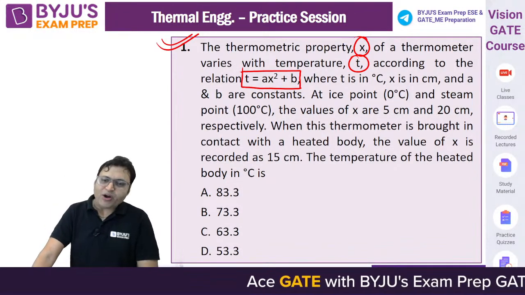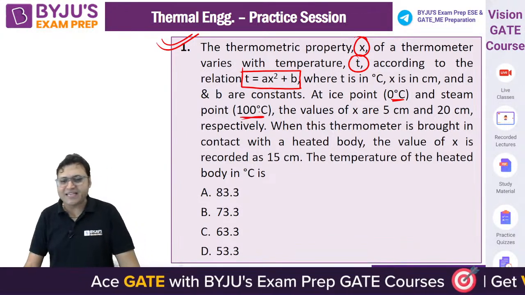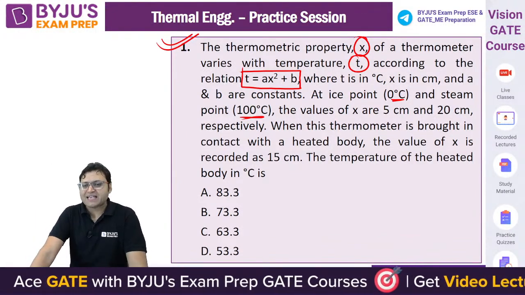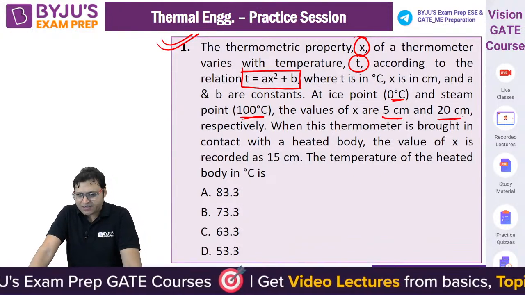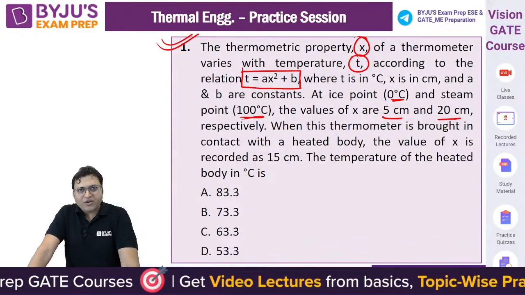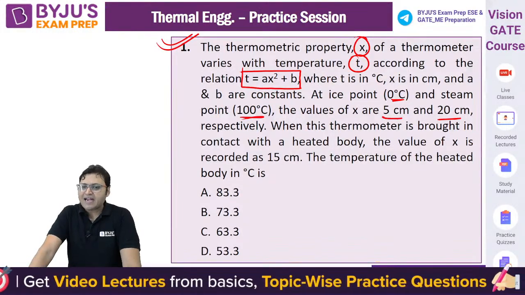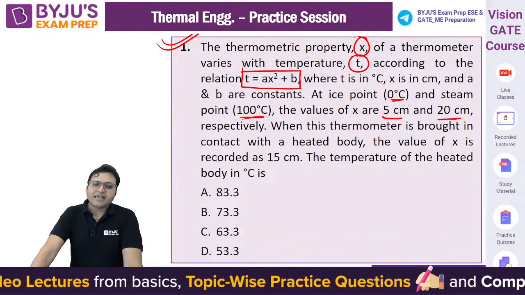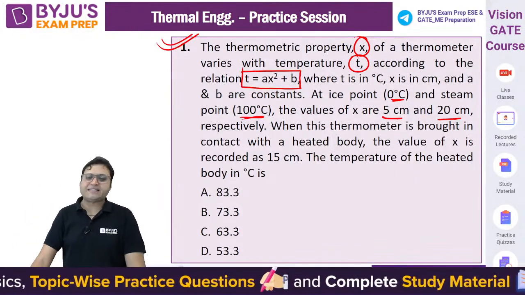At the ice point, that is 0 degrees Celsius, and the steam point, that is 100 degrees Celsius, the values of X are 5 centimeter and 20 centimeter respectively. At the temperature 0 degrees Celsius, the value of X is 5 centimeter, and at T = 100 degrees Celsius, the thermometric property X will be 20 centimeter.